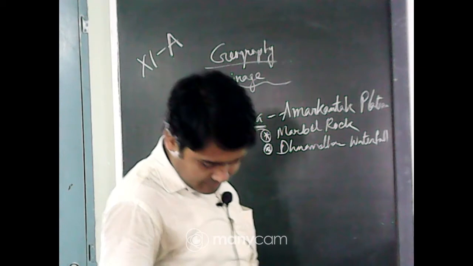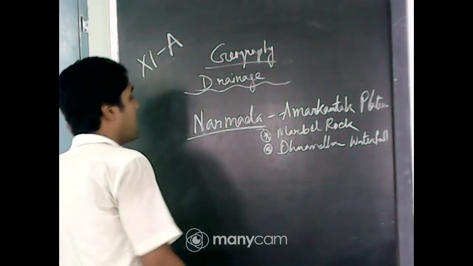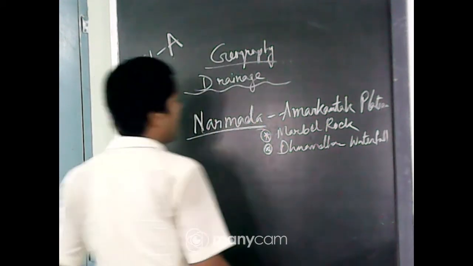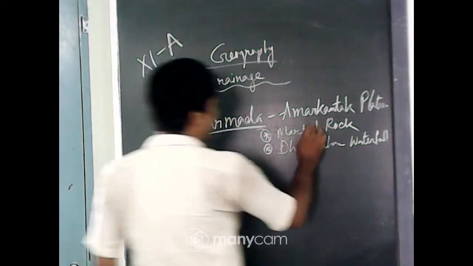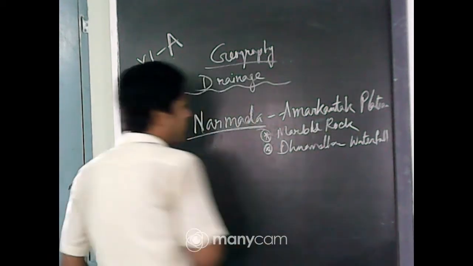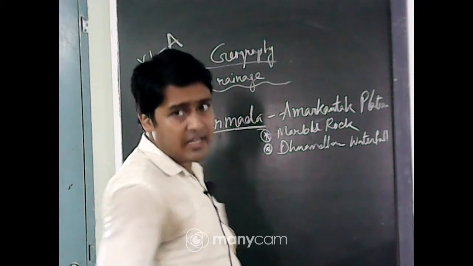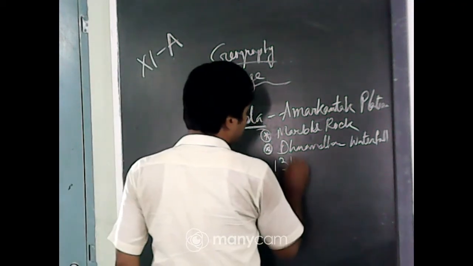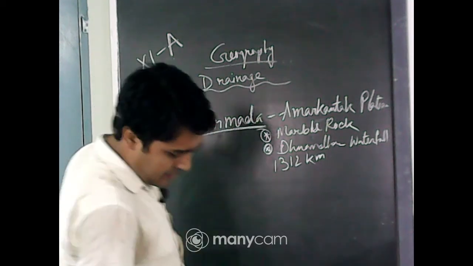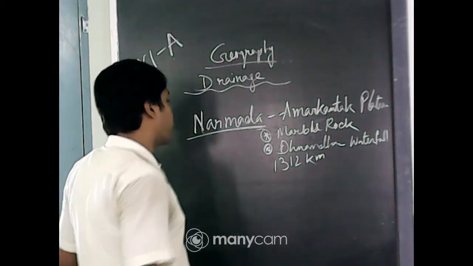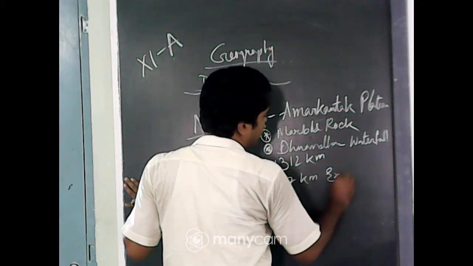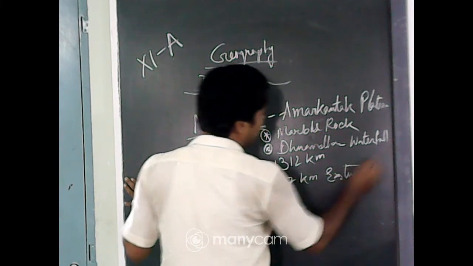Marble rock and Dhuadhar waterfall. Then after that, another point, the length of this river is 1312 kilometers. It is the length of the river Narmada, and it forms a 27 kilometer broad estuary. It is also a special feature.